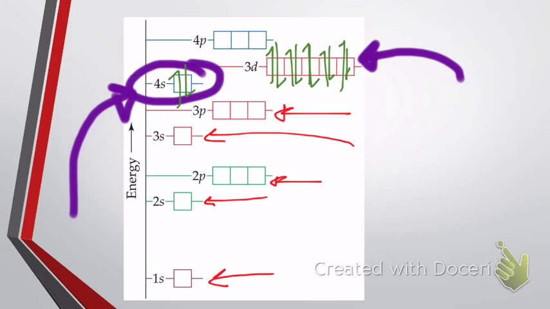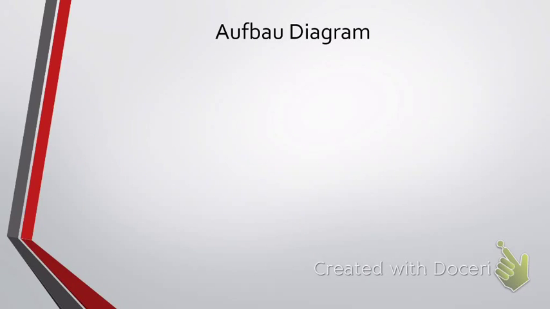So is there a way for us to figure out the order in which you need to fill the energy levels from lowest to highest? There is. It's called the Aufbau diagram. I'm going to attempt to draw this here. The way that I learned it is you first write out 1s, 2s, and 2p, because that's as high as it can go.